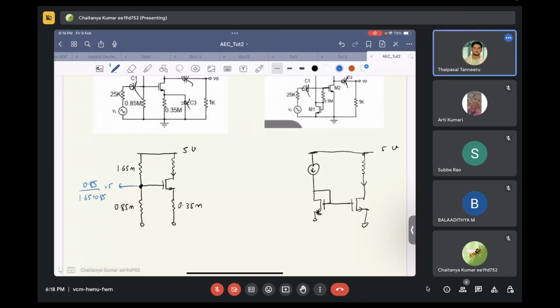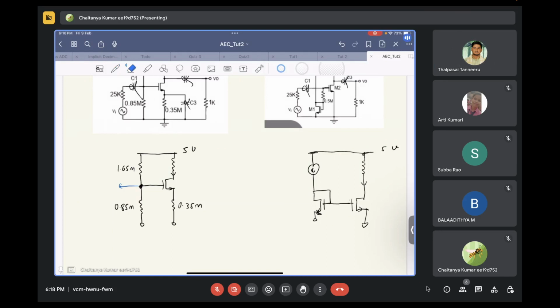Sir, 1.3 volts, correct? Hmm. Or wait, let's forget about these numbers for now.